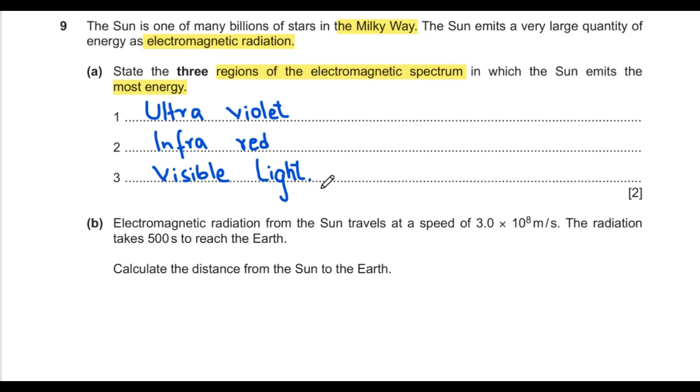But why are they not gamma and X-rays? Because gamma rays that are produced by the sun are immediately converted into lower energy light and they are not able to escape the sun. So the highest energy radiations are UV, infrared and visible light only.